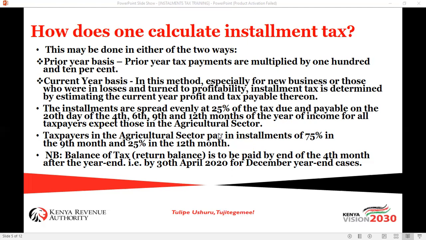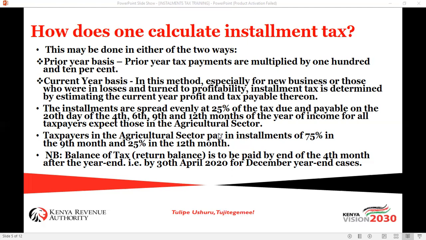But for companies, the deadline of filing should be 30th of April. And June is for individuals and sole traders, on employment income.